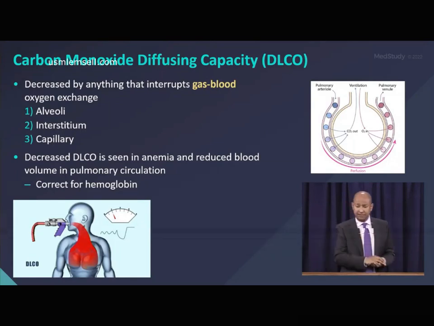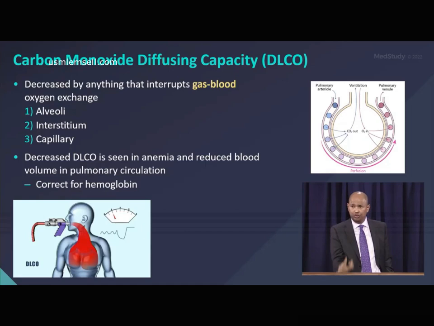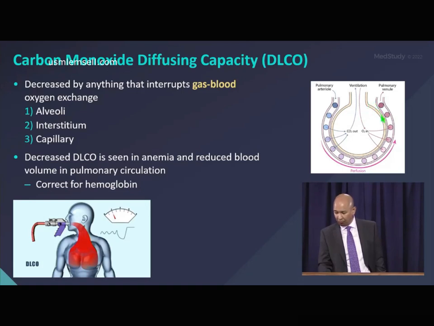Now, this is the DLCO, and if you look at the right top of your screen, I kind of like this picture a bit. This is looking about when I say a gas, and in this case, we're talking about carbon monoxide. We give it to the patient, and that carbon monoxide should diffuse freely into the capillaries. It needs to diffuse through the alveoli, through the interstitium, and end up in the capillary.